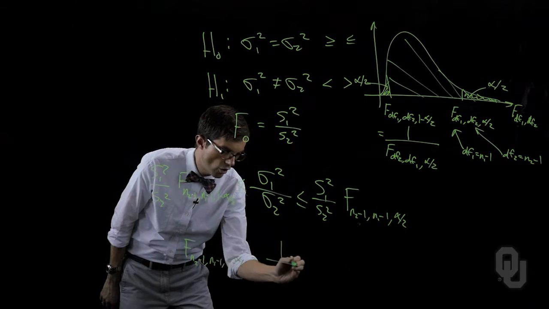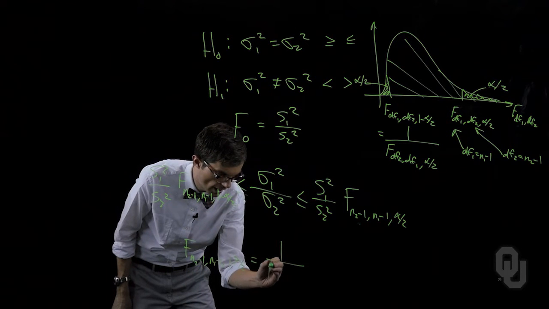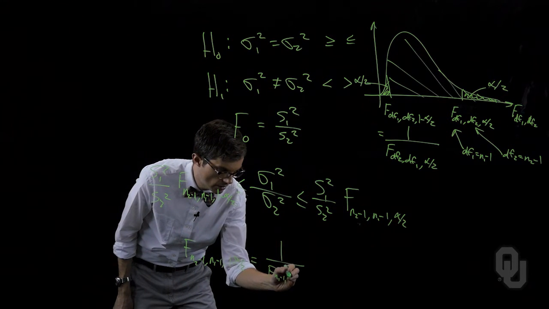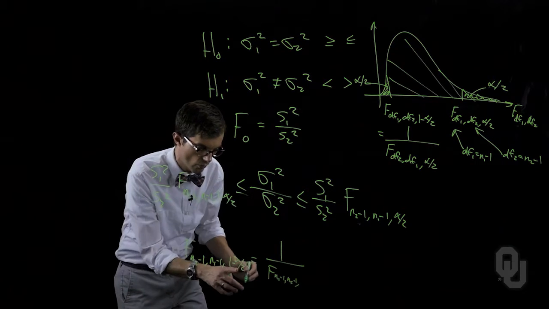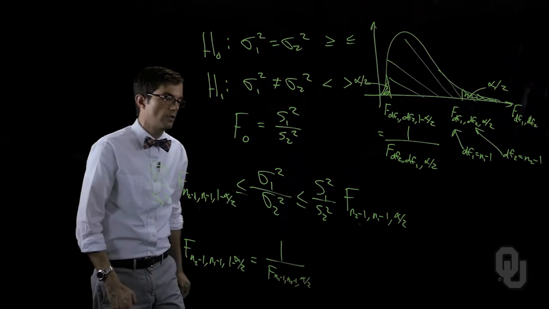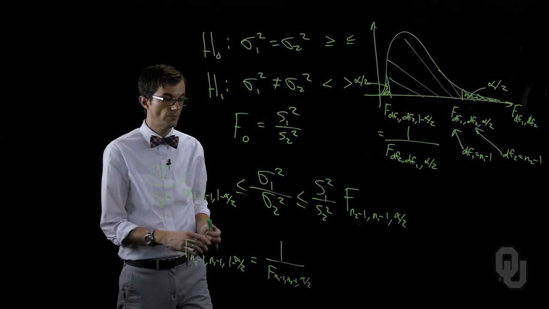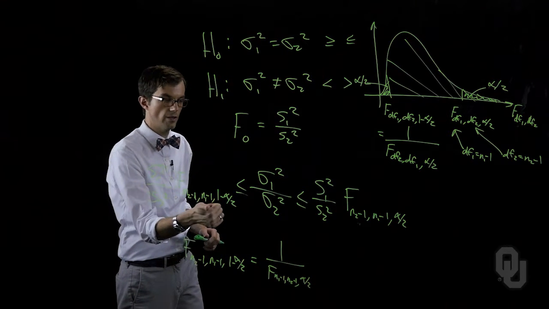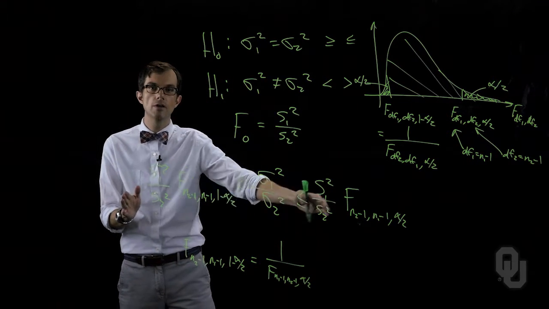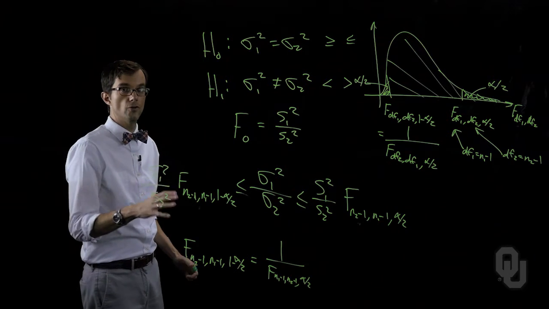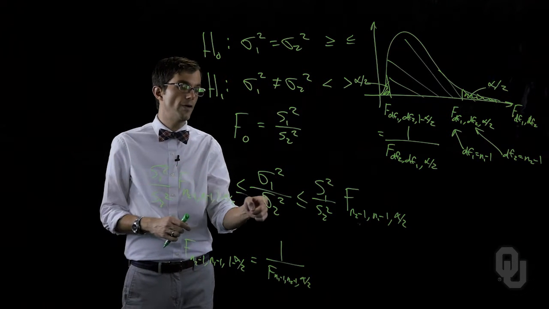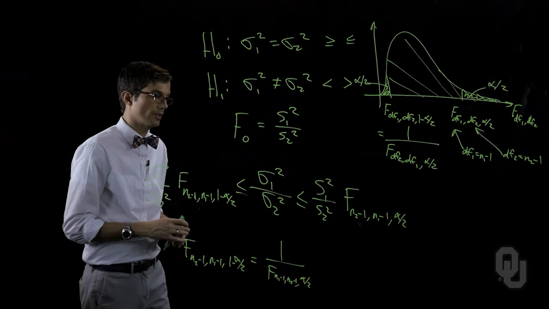That's equal to 1 over, flip the degrees of freedom, F with n1 minus 1, n2 minus 1 for alpha over 2 in the upper tail. We could plug that in right there, and then we could calculate out our confidence interval for the ratio of variances from population 1 to population 2.